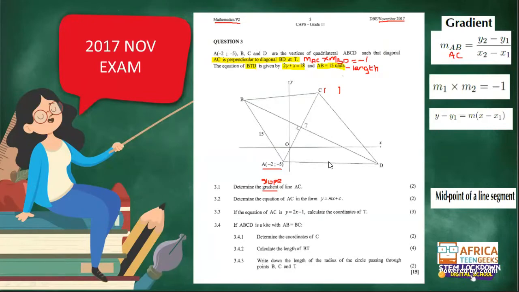We are given the line BD, which is perpendicular to AC. So we don't really need to know this point to calculate the gradient. Why?